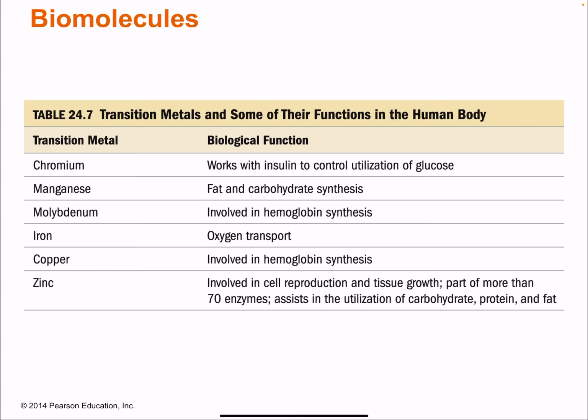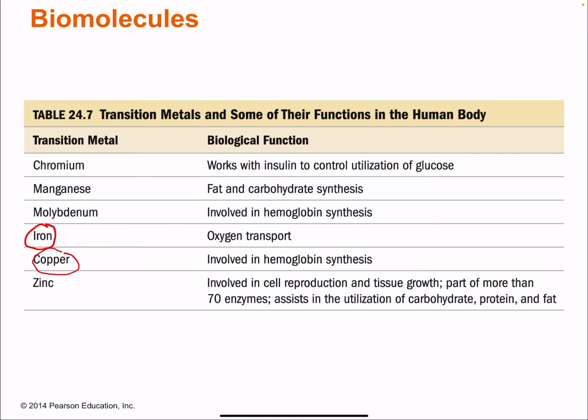Manganese is for fat and carbohydrate synthesis. Molybdenum is involved in hemoglobin synthesis. And iron, you probably know that from your biology course, is involved in oxygen transport in a molecule called hemoglobin. Copper is involved in synthesis of hemoglobin.